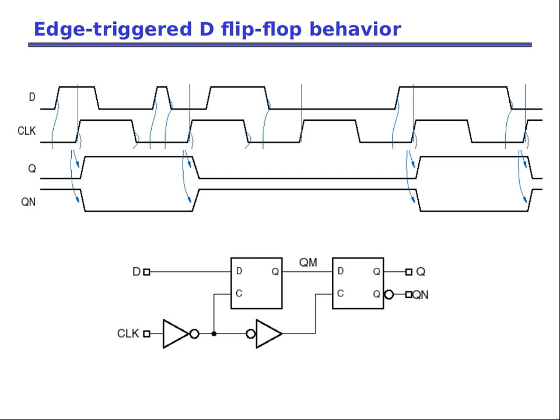Everyone see what's going on here? The changing of a flip-flop is based upon a clock, which is very useful because that means the flip-flop is going to hold its value for the entire clock cycle, and then it will change on the rising or negative edge, or lowering edge, depending on how you write it. Any questions?